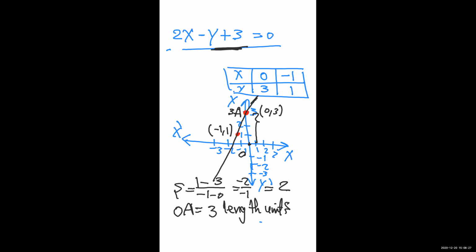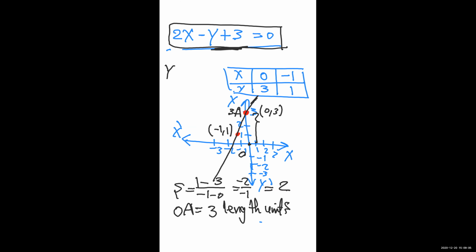Okay, are we clear till now? Yes. Okay, great. Now, guys, if we observe this equation, 2x minus y plus 3 equals 0, I will just change the form of the equation to put y on one side and the other terms on the other side.